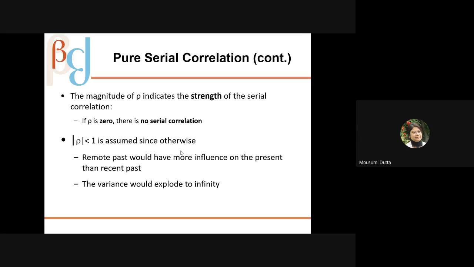Generally, the recent past should have more influence on ut. If you consider the world economy at this moment, the freshest and most important impact is the impact of lockdown. What happened 20 years ago should be less important in assessing the present economy.